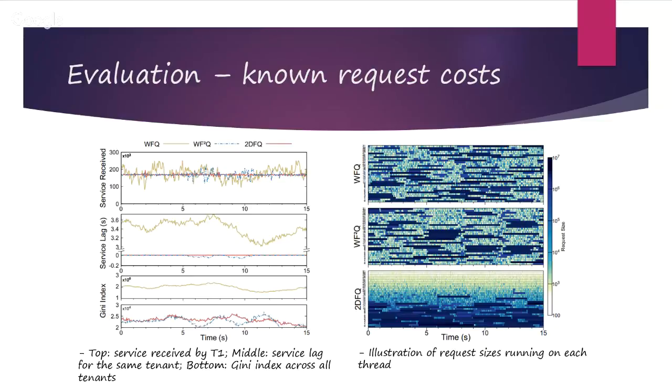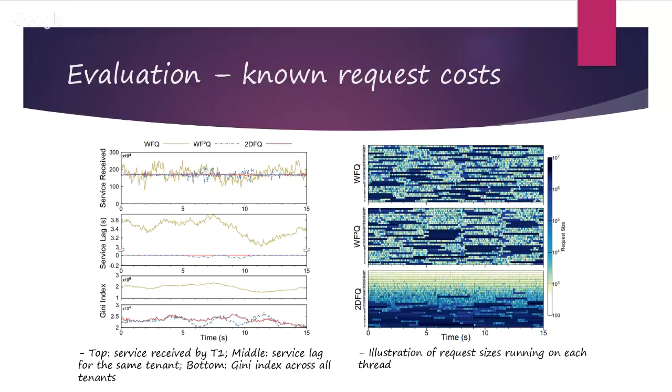As a baseline for evaluation in this and subsequent experiments, we include the schedulers described before, in aggregate across all tenants. Request costs for this experiment vary from 250 to 5 million. The result is shown on the slide.